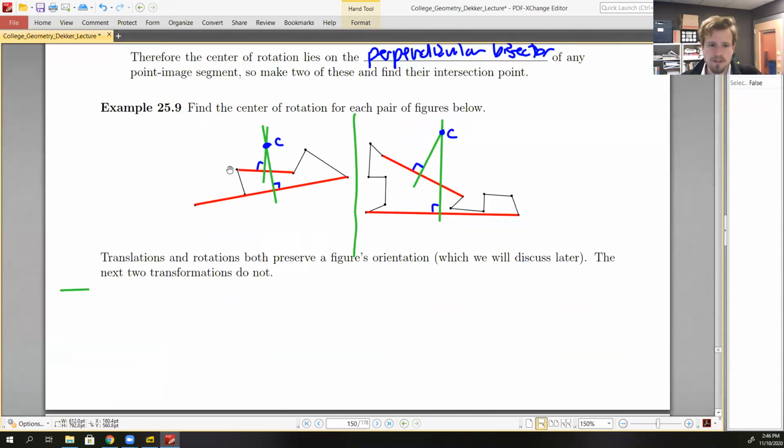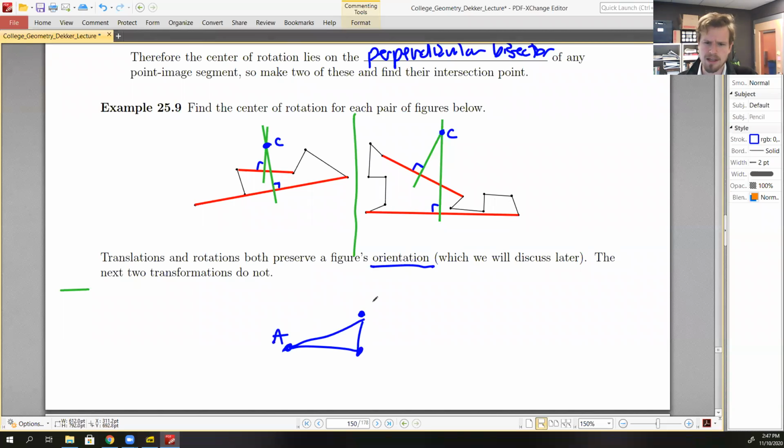So both of these transformations, the ones that we've talked about so far, a translation and a rotation, they preserve what's called orientation. And orientation, there's a couple different ways that we can think about it, but to give a really brief idea here, let's say I have triangle ABC, and let's say I performed a rotation, and that rotation gave me triangle A prime, B prime, and C prime.